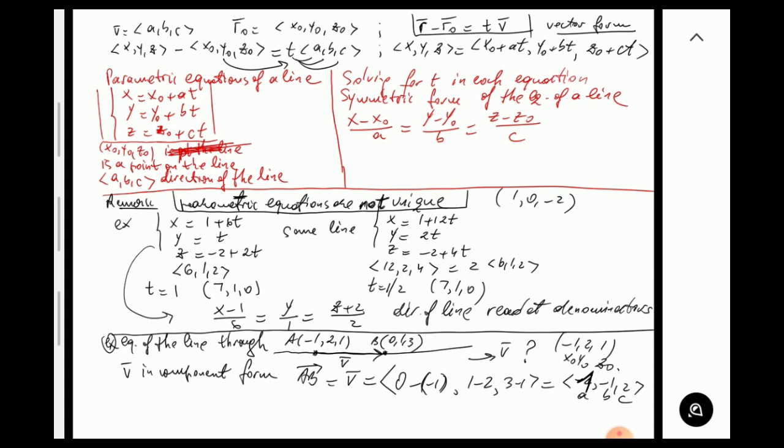And let's write down the parametric equations of the line. So x is going to be x naught, which is -1 in this case, plus t. Y is going to be y naught, which is 2, minus t, and z equals 1 plus 2t.